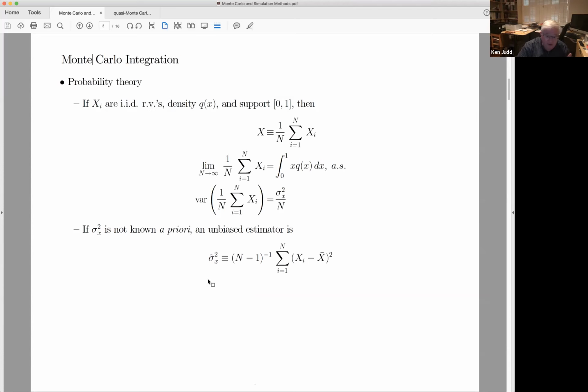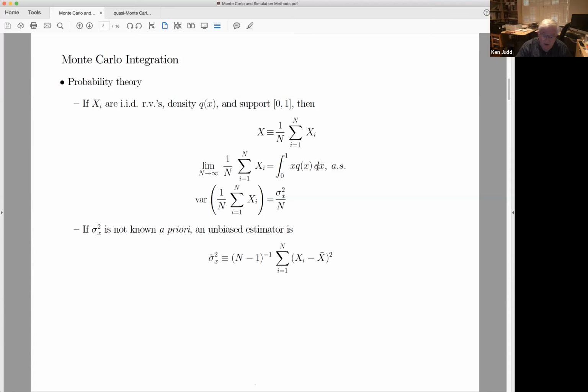Here's the theory: if you have random variables that are IID, density Q, support 0, 1, then the sample mean, the average draw, is going to asymptotically equal this integral.